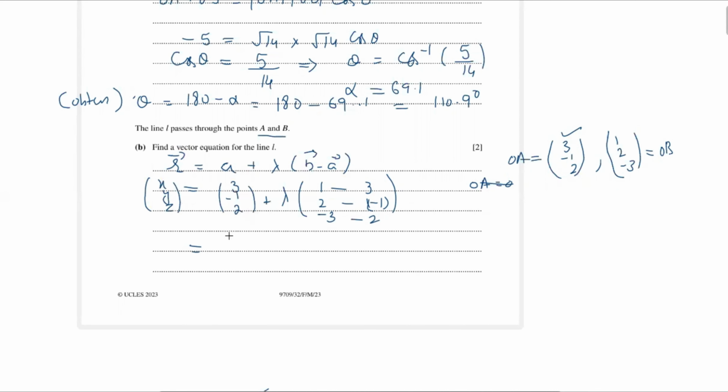Now you can write it as 3, minus 1, 2 plus lambda times minus 2, 3, minus 5, and that is x, y, and z. This is the equation of a line which passes through the points A and B.